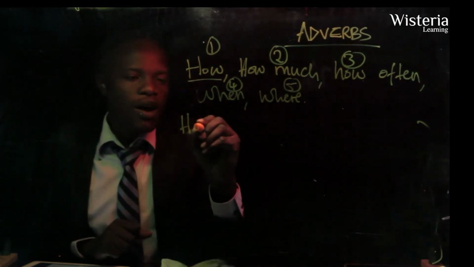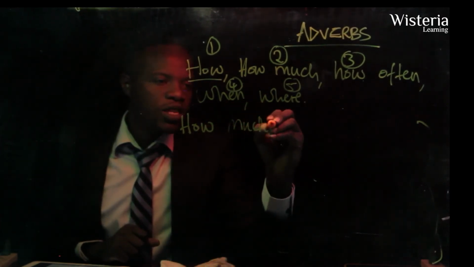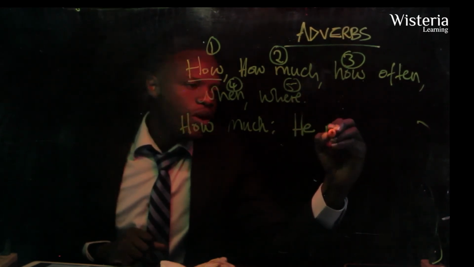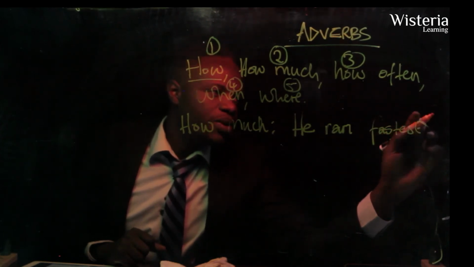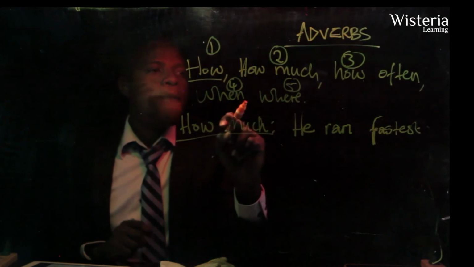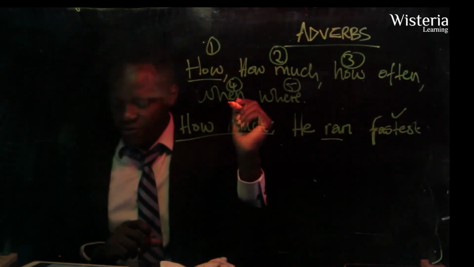So for how much, we can say he ran fastest, for example. Okay, so this is answering how much did he do the running. We are saying the answer is he ran fastest.